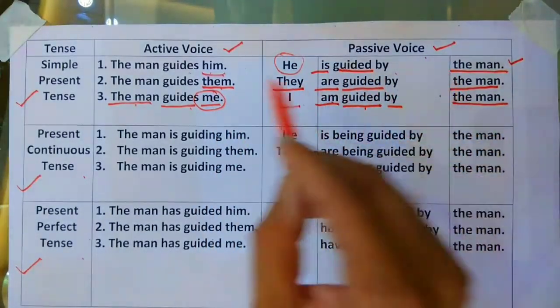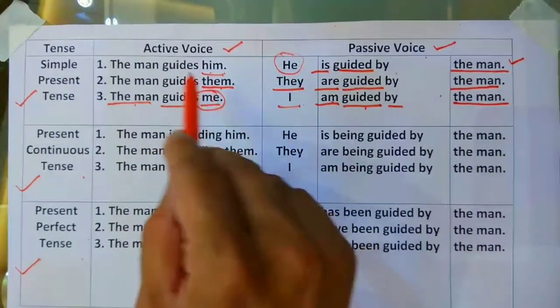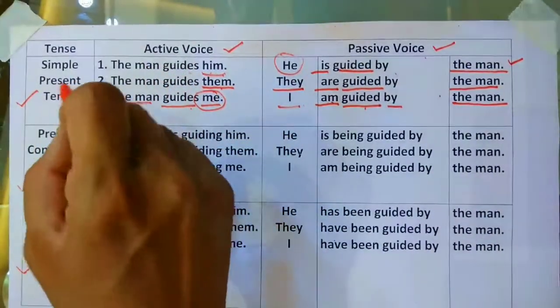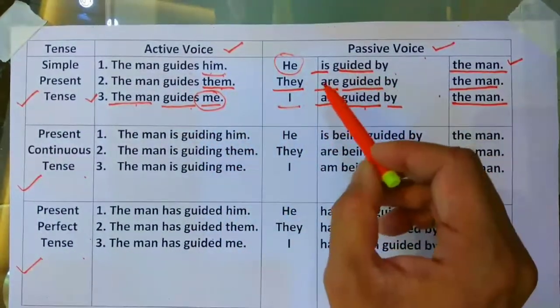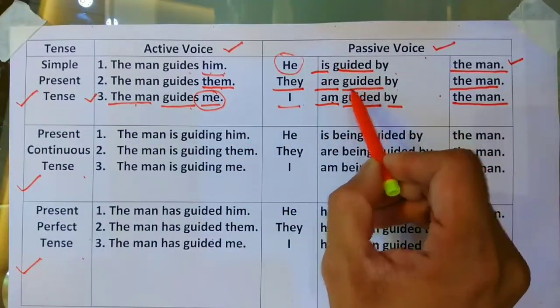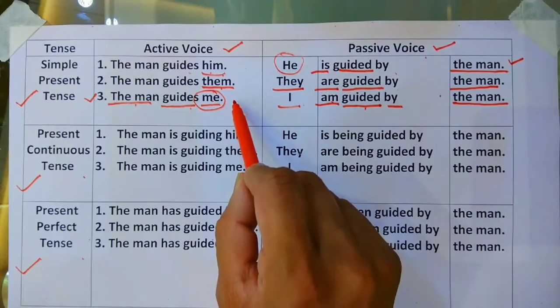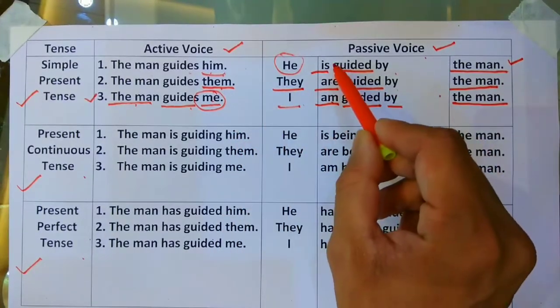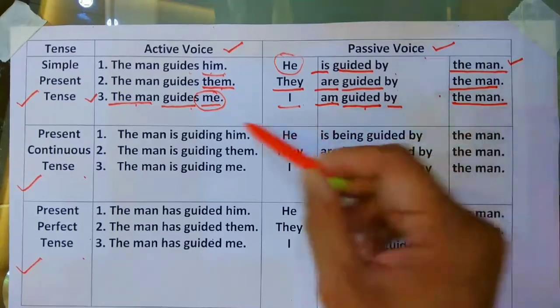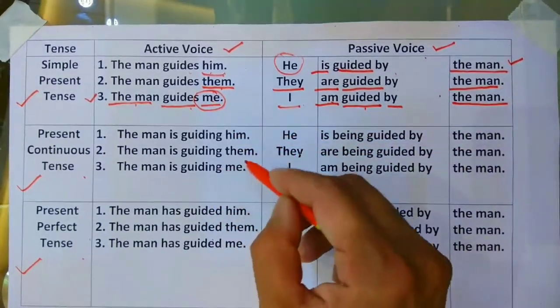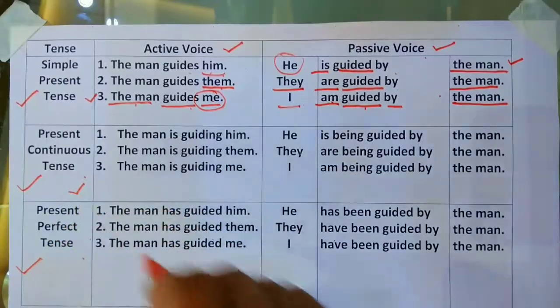The reason is that we are converting the active sentences from simple present tense, and therefore in simple present tense, in the passive voice, the helping verbs is, are and am are used. Now let us come to the second subtype of the present tense, present continuous tense.